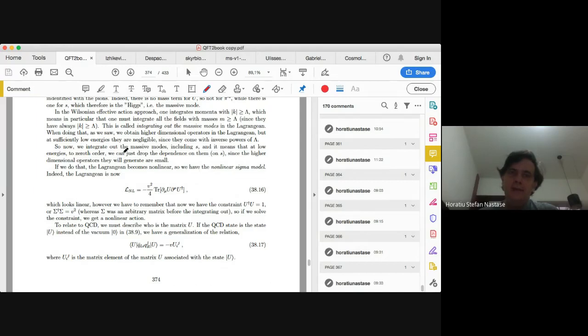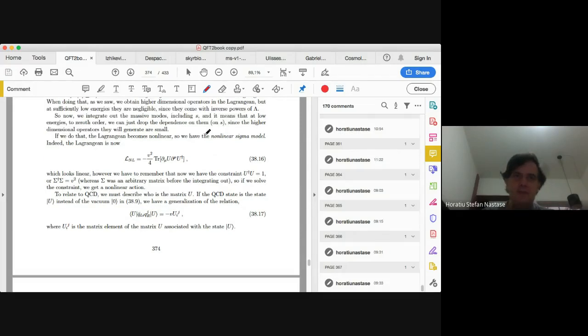When doing that, we saw that we obtain higher dimensional operators in the Lagrangian. So the lower energy effective action in the sense of Wilson contains an infinite series of higher order operators, but at sufficiently low energies, much smaller than the cutoff lambda, these are negligible, since they came with inverse powers of lambda.